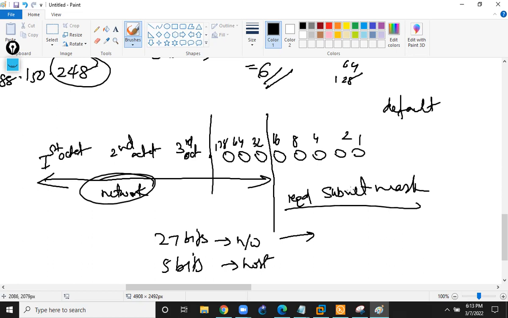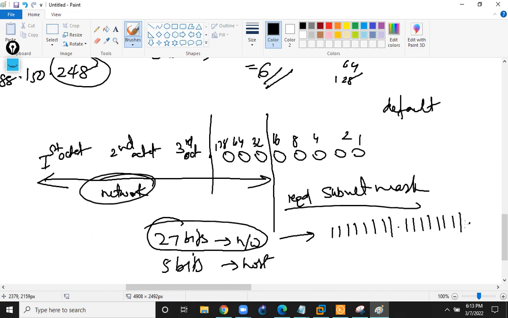The new subnet mask is called the required subnet mask. 27 bits are reserved for network, so we write those 27 bits as binary 1. You will write it like this: 11111111 dot 11111111 dot 11111111 dot. Now 24 bits are there, 25, 26, 27.